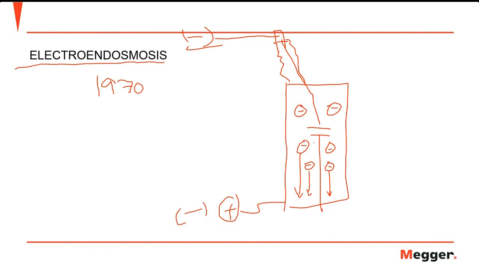This moisture will try to go up, and it will not be stable because of the gravitational pull. If you put the positive here, moisture is only attracted to the positive side, because it is negatively charged.